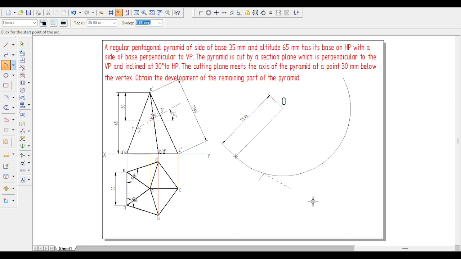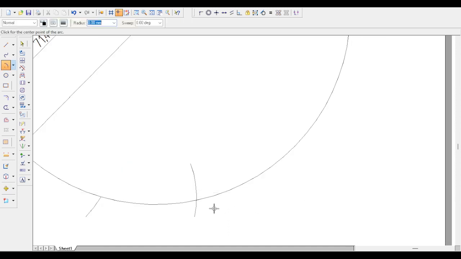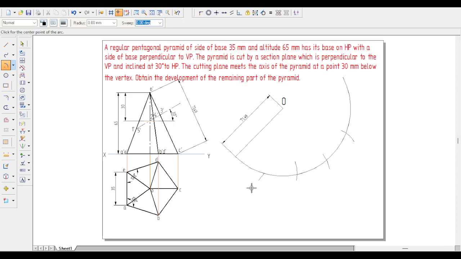35 will be the radius. Let me check: 1, 2, 3, 4. One more we need.